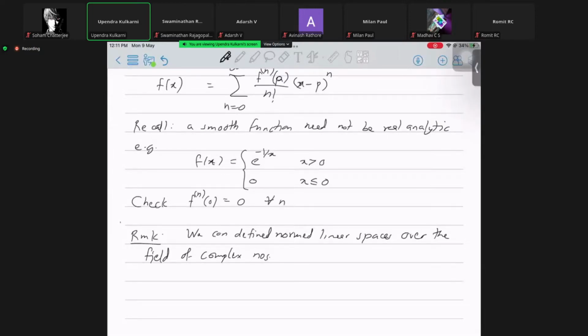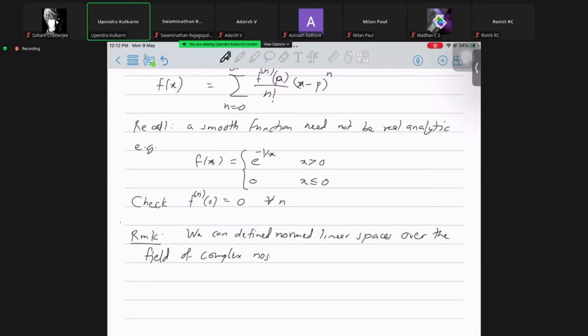How many conditions were there in the definition of a normed linear space? There was the triangle inequality, and that really doesn't depend on the scalars, right? So where do the scalars come into play? What has to be rethought if we want to define a normed linear space where the scalars come from complex numbers? The homogeneity condition has to be rethought, right?